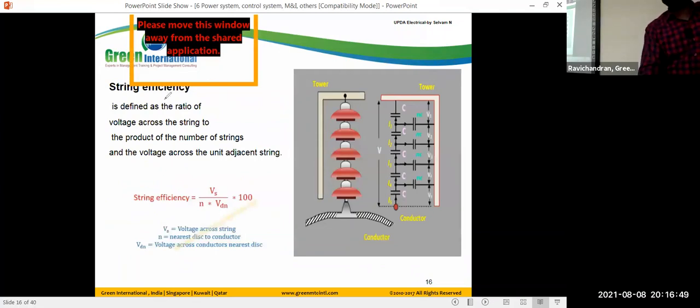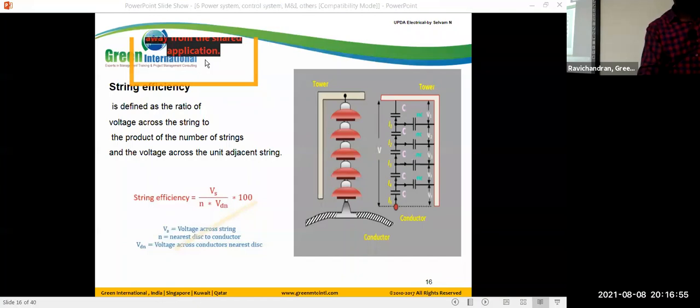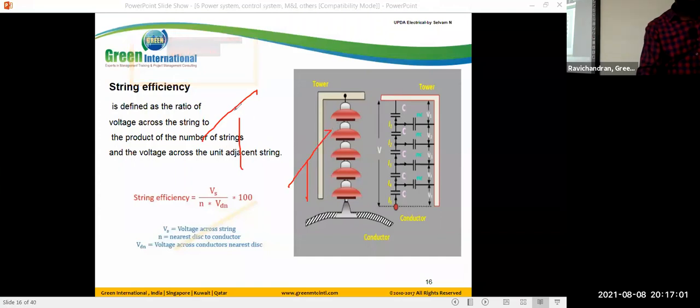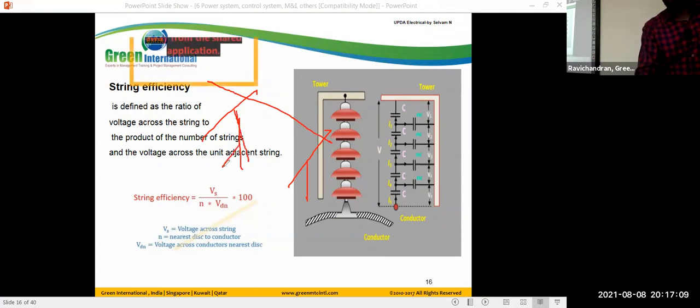And string efficiency. For understanding purposes, see here, we have a tower. We lay the conductor like this. This is the structure of the pole. This we call a cross arm, the T model.